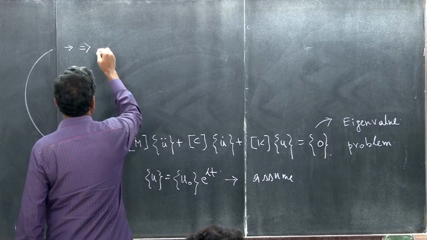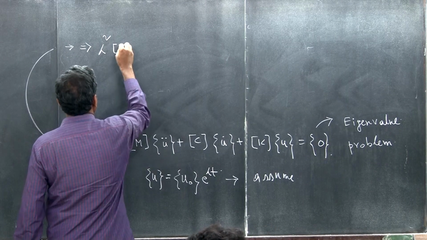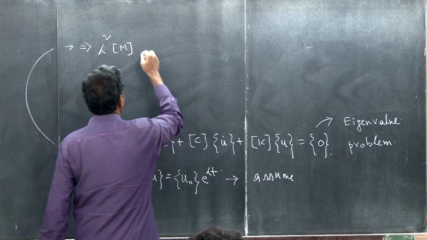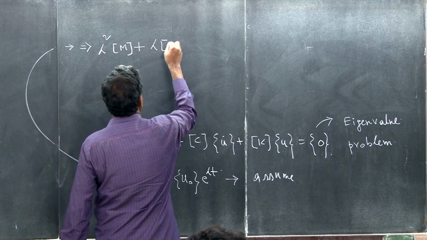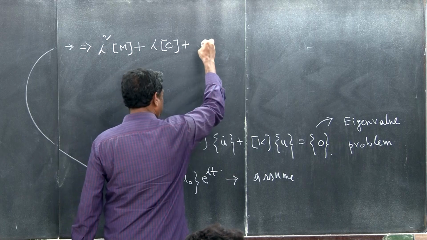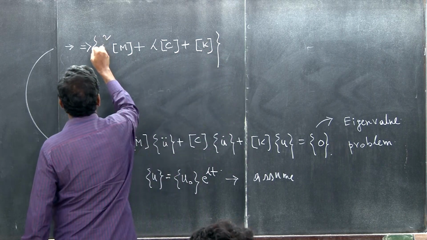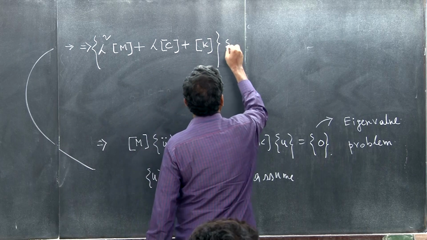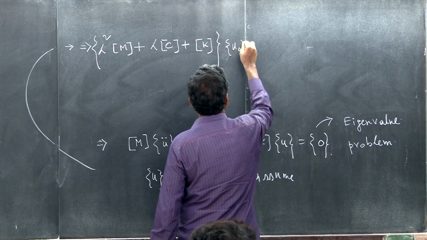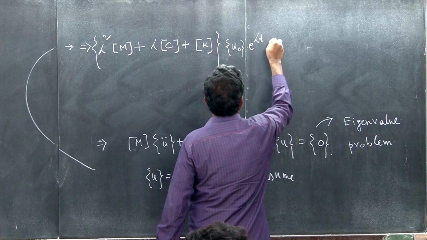U double dot means lambda square m, and the next one will be lambda c, and the last one is k, right? So then here you will get u0 e to the power lambda t must equal 0.